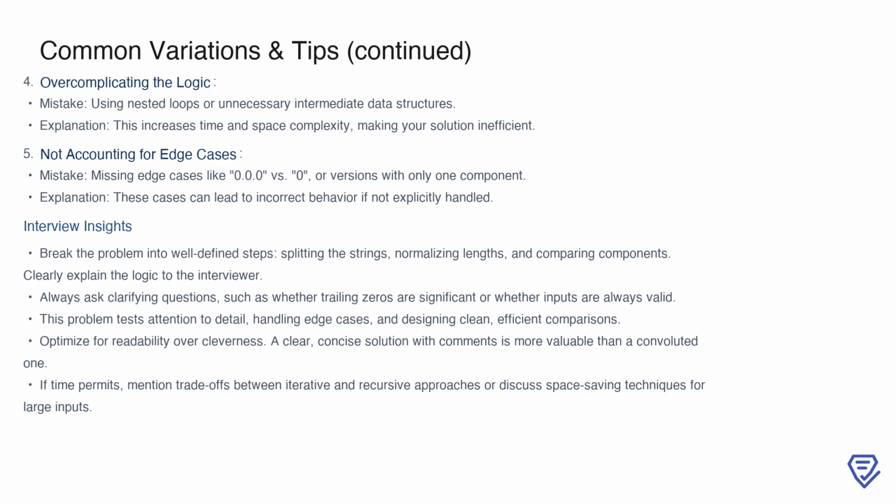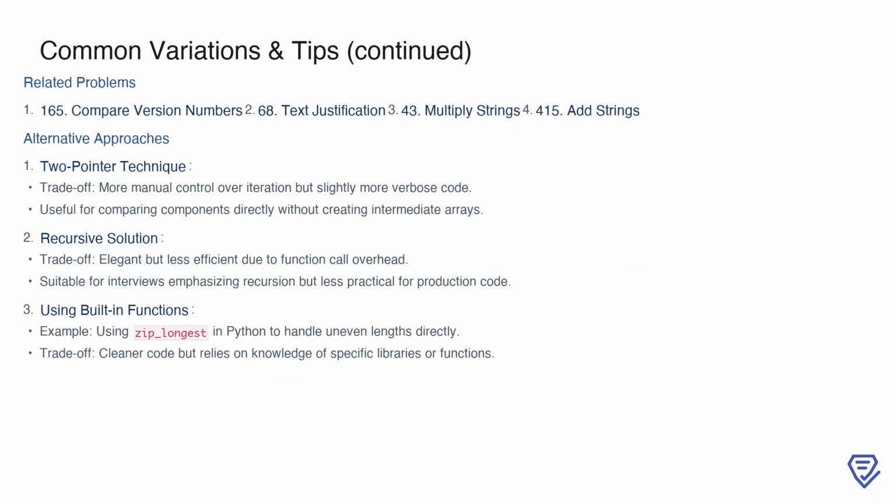This problem tests your attention to detail and your ability to handle edge cases while designing a clean and efficient comparison. Focus on readability over cleverness, as a straightforward solution with clear comments is more valuable than a convoluted one. If you have extra time, you can discuss trade-offs between iterative and recursive approaches or mention space-saving strategies for handling large inputs. This problem is closely related to others that involve string manipulation and comparisons.